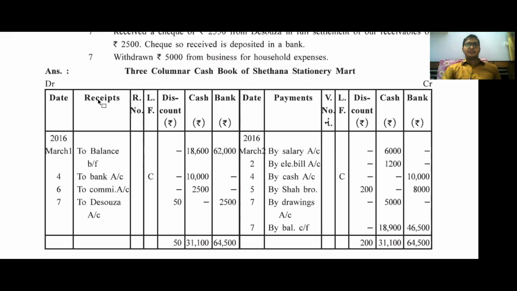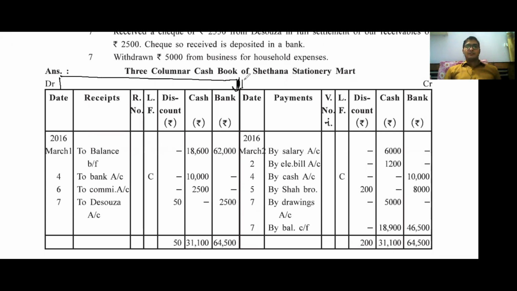Date, receipt, receipt number, LF, and name, and three different columns: discount, cash, and bank. Again, all these three are for the debit side, and this is for the debit side up to this.